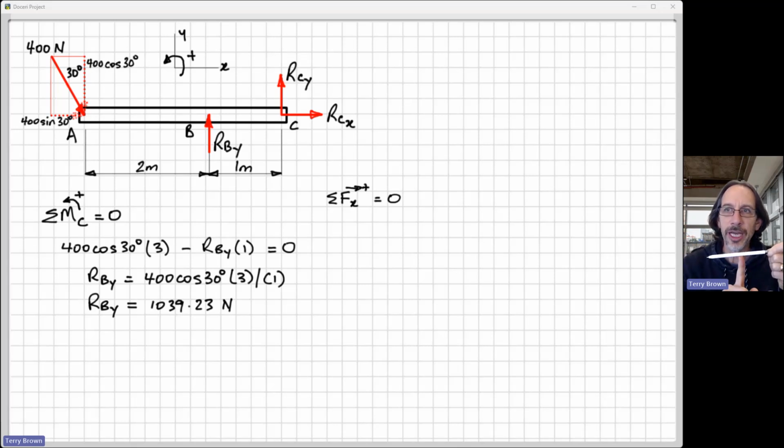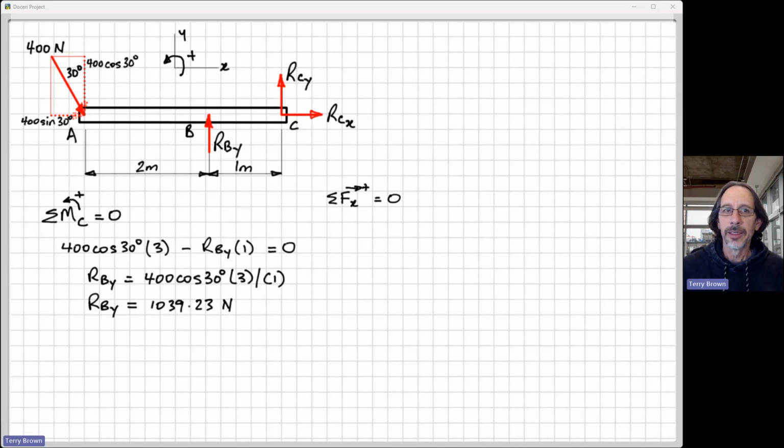So we need that force at B for equilibrium to be causing a rotation or a moment in the opposite sense. Okay, so we can see that it needs to be acting in the upwards direction.